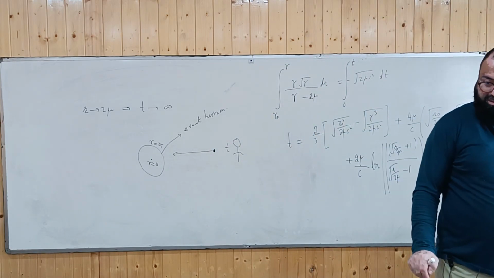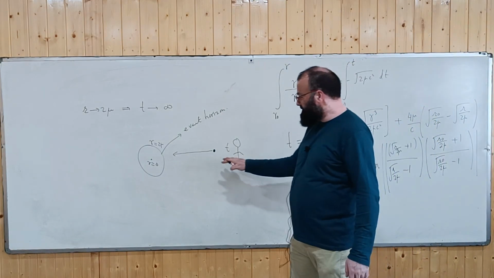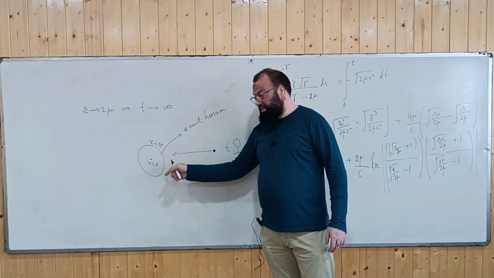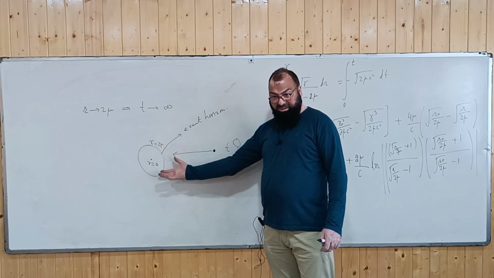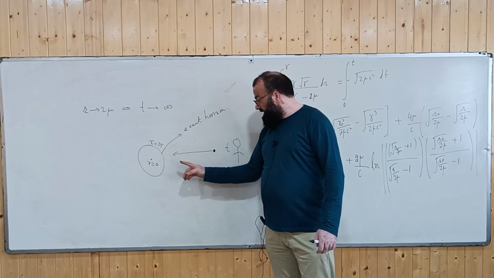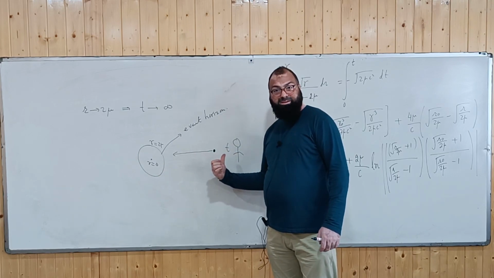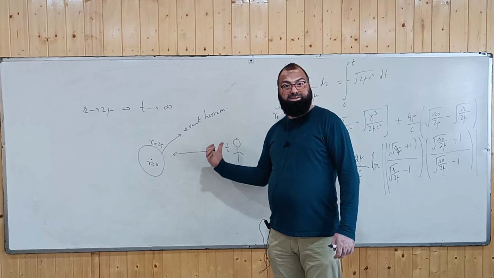For this observer, if you have any kind of radial motion from this surface, say of photons, since they will take an infinite amount of time to reach the observer, in other words, they will never reach this observer.